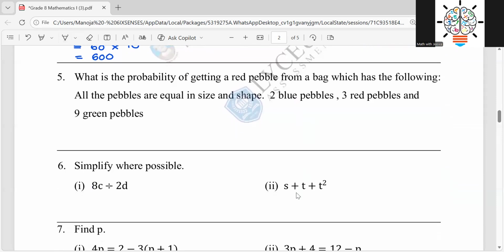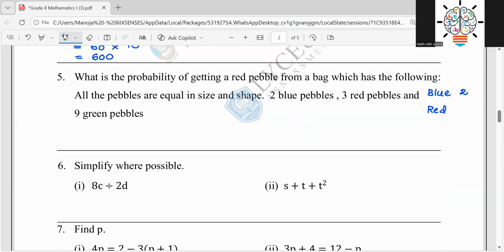What is the probability of getting a red pebble from a bag which has the following. All the pebbles are equal in size and shapes. You have 2 blue pebbles, and then you have 3 red pebbles, and you have 9 green pebbles, right?